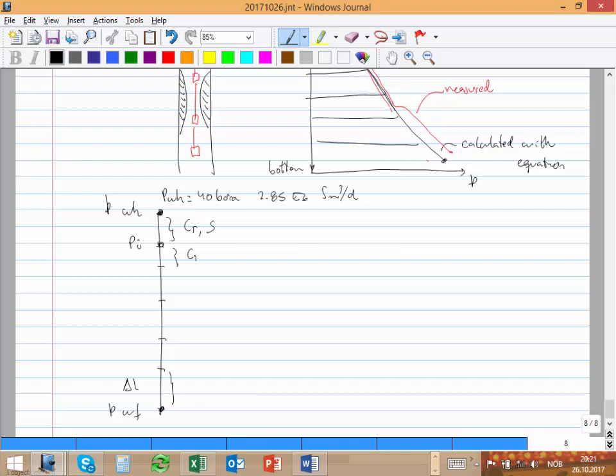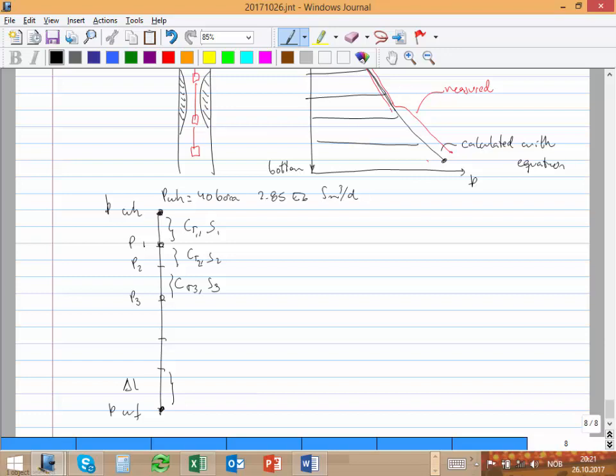Then I move to the next segment, CT2, S2, and then I do the same for P3, then CT3, S3. You got the idea, the principle.